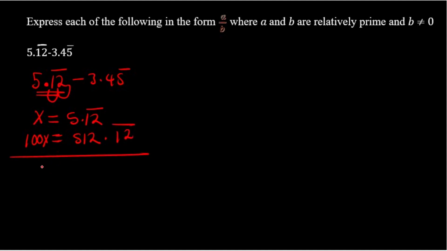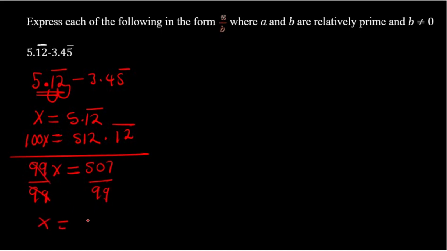So when you subtract there, it will be 99x. So what you do, you have to say 512 minus 5, so 512 minus 5, the answer to be 507 divided by 99.